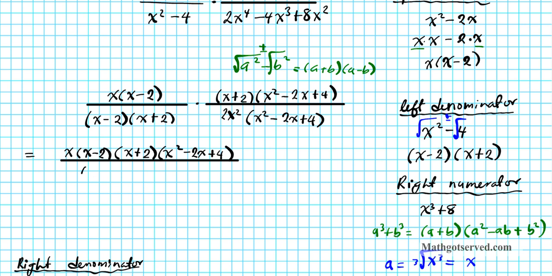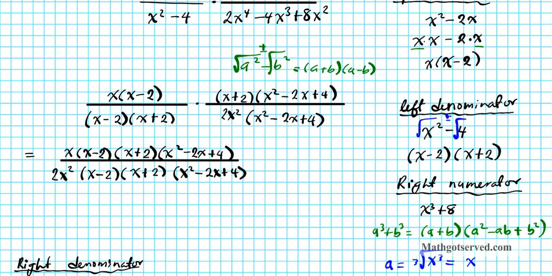So we're going to have x minus 2 times x plus 2, and then we have 2x squared. We can put the 2x squared in front. It doesn't really matter. 2x squared times x squared minus 2x plus 4. So remember that multiplication commutes, so the order that you write these factors does not really matter since we're just multiplying them across. So that's the factored form.